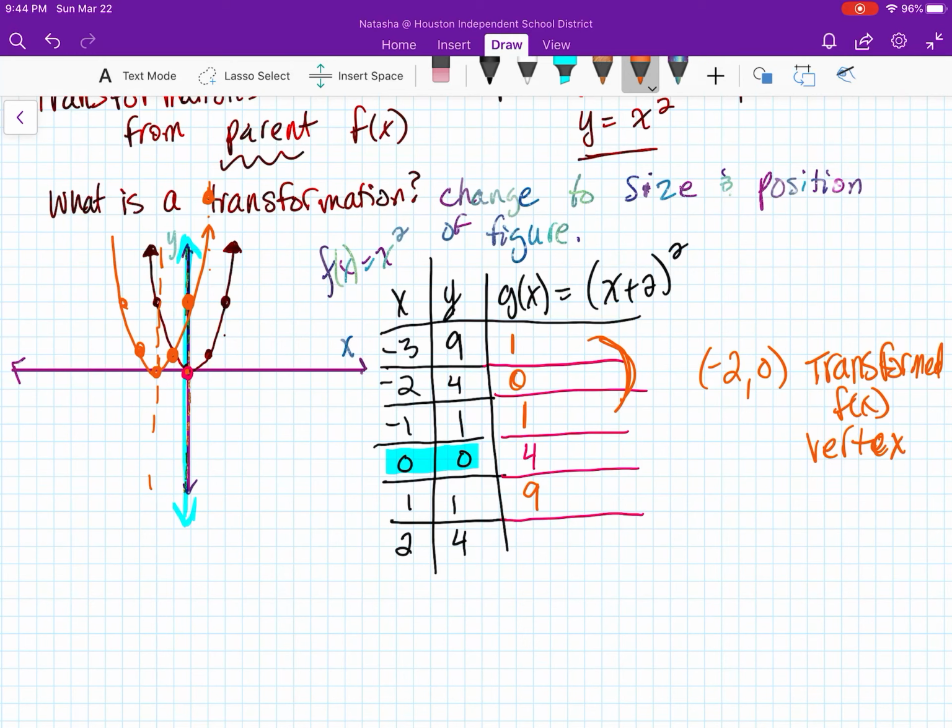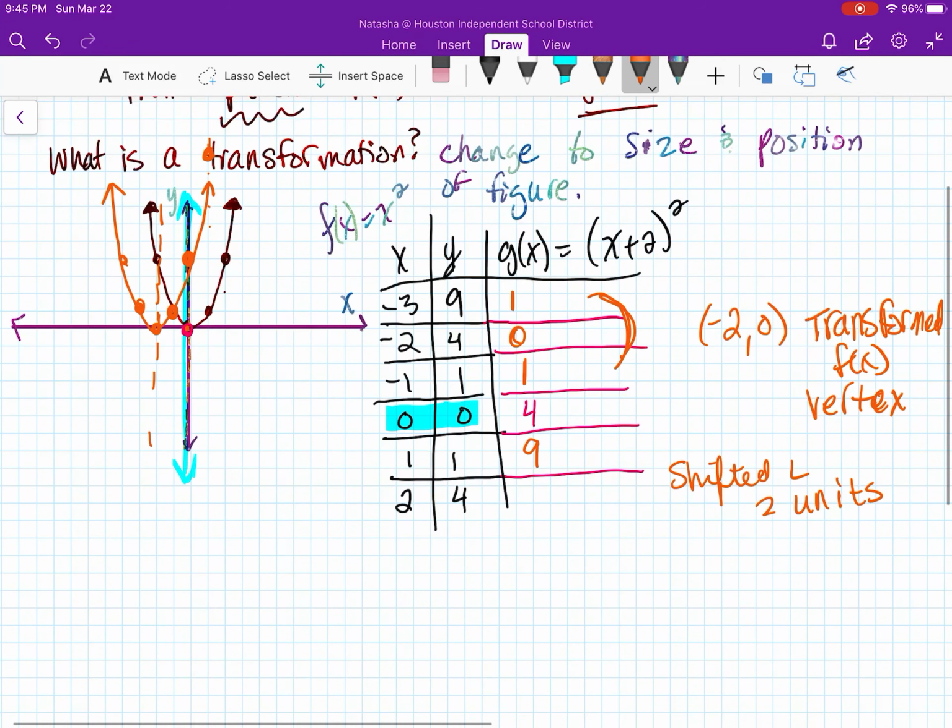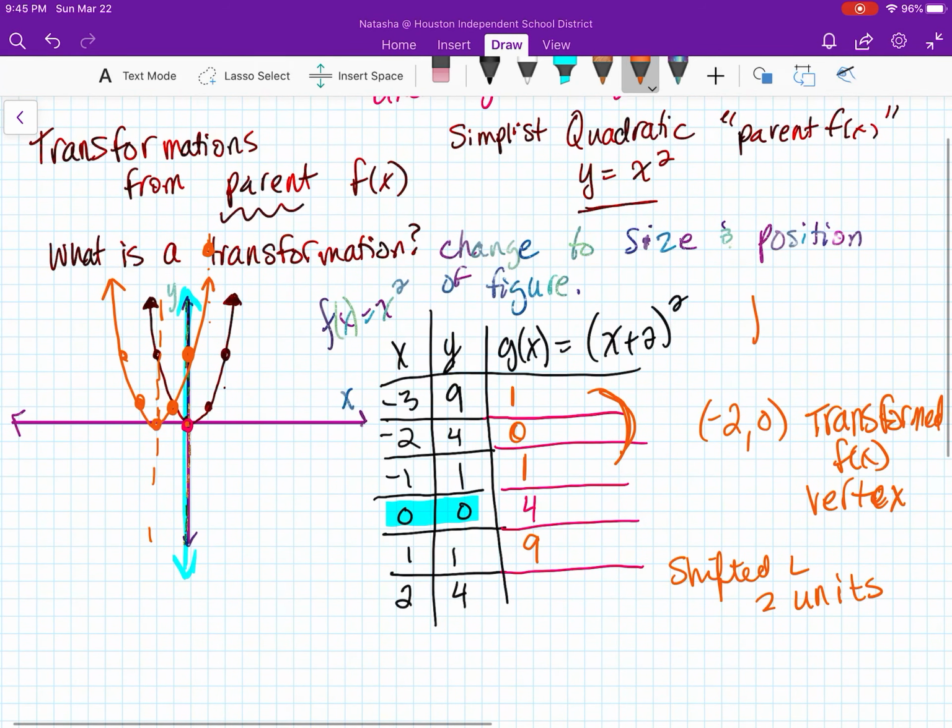All right, well, let's talk about what happened to our parent function. Our parent function shifted to the left 2 units. Let's look at what we did with our parent function. It's f of x equal to x squared.